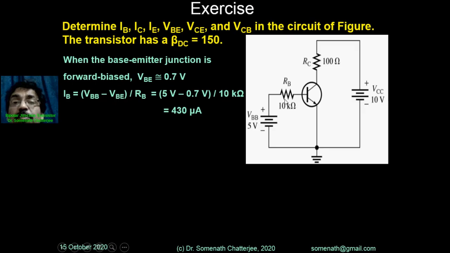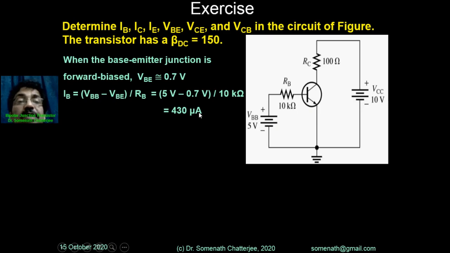In the input sector, I already discussed that there is VBB and VBE, basically the base to emitter potential drop. The voltage VBB is utilized across the potential drop across RB as well as the VBE. So here you can see that IBRB plus VBE is equal to VBB, and from there we can get IB, 430 microampere.